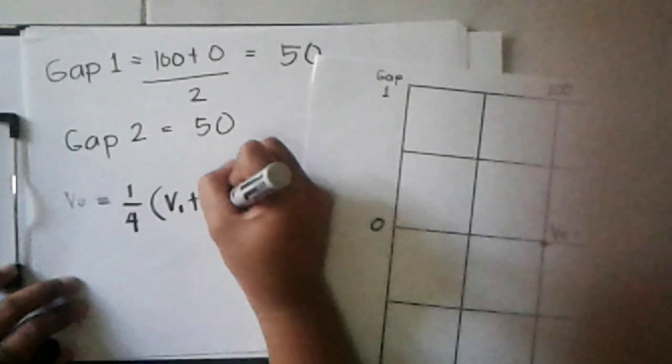So we have VB as (25 plus 43.8 plus 100 plus 43.8 again) divided by 4. We have the value of VB, which is equal to 53.2.